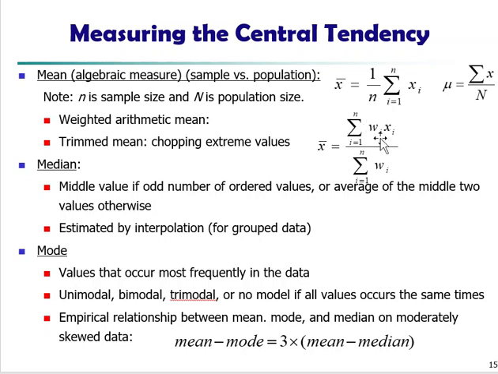In order to create a mean value for this observation, we need to look at each of the attributes, but each of the attributes have different weight, so we have to actually apply the weight to the value of each of the attributes and then compute a weighted arithmetic mean.